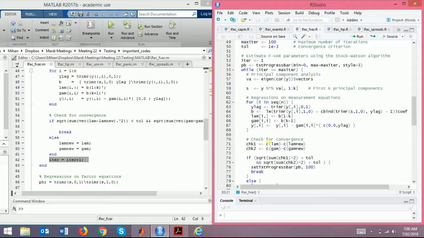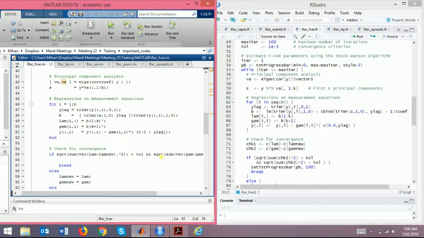Okay, and we simply do eigenvector is simply lambda y to find s. Very simple. Then we do some regression, basic regression, not a big deal. The regression gives us the first elements are lambdas, then the next elements from lambda. When lambda ends, gamma begins. That is what is suggested.